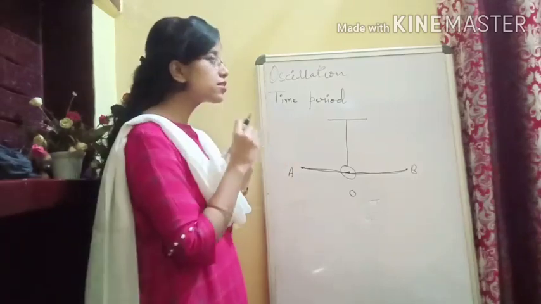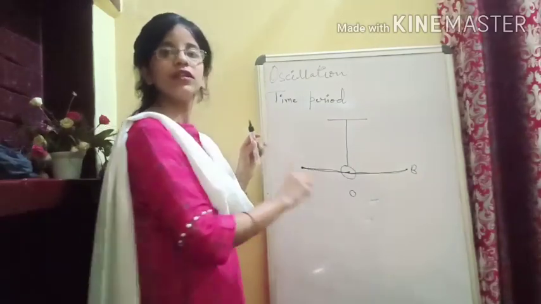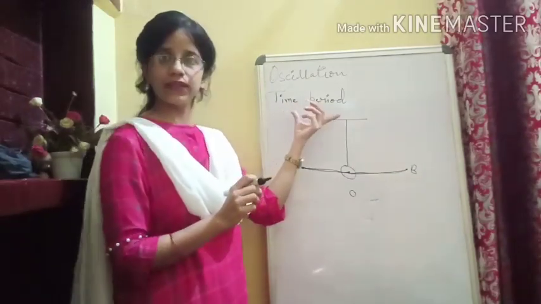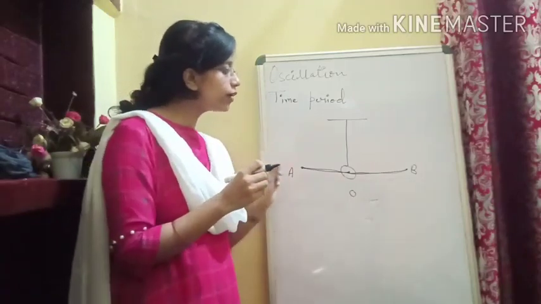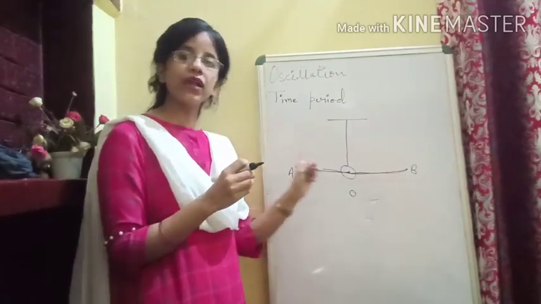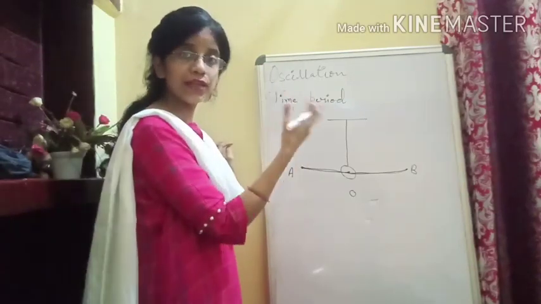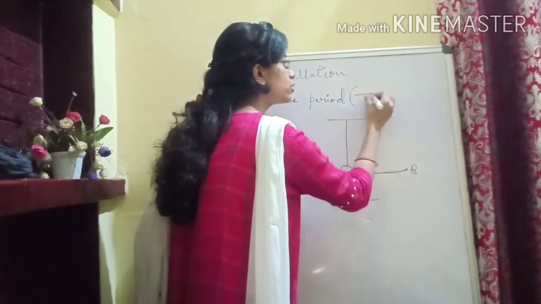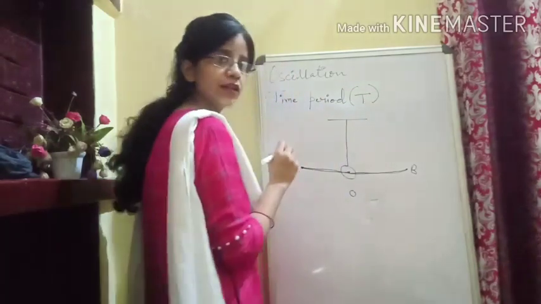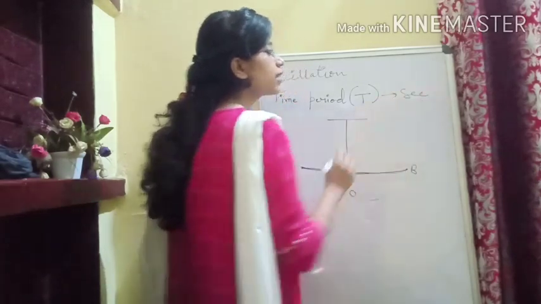Yes, and the time taken to complete one oscillation is known as time period. Is it clear? Since time period is the time taken in one oscillation, we denote it by capital T. And what should be the unit of this time period? Of course, second.